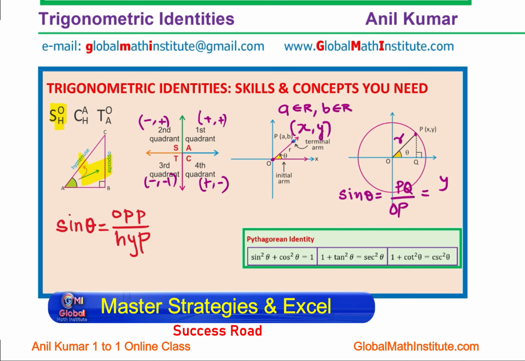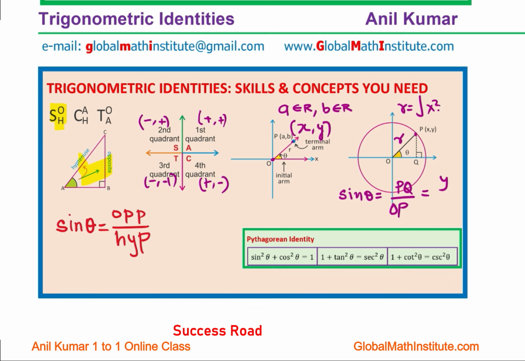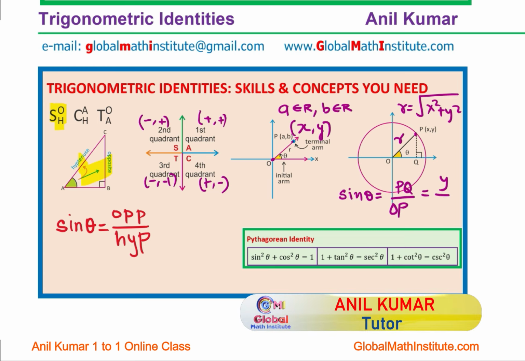This r value can be calculated using the square root of x squared plus y squared. So it's a constant with a positive value, always positive. So OP is r. In that case, you can write y equal to r times sine theta. You see that?